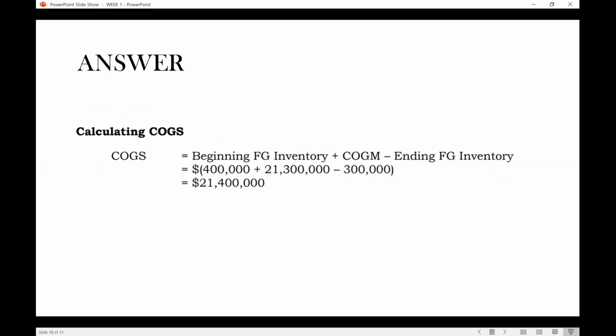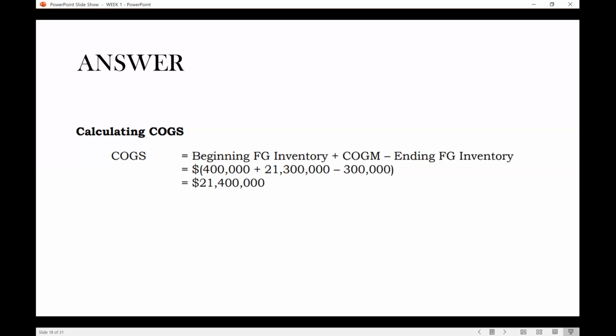And similarly to how I explained direct materials used, the same explanation can be used for cost of goods sold and cost of goods manufactured in terms of explaining the formula. Beginning finished goods is what we started the period with, plus what you manufactured.